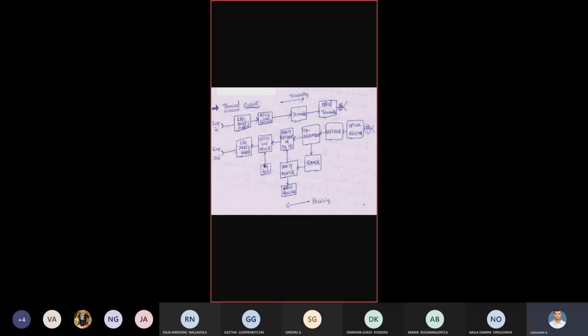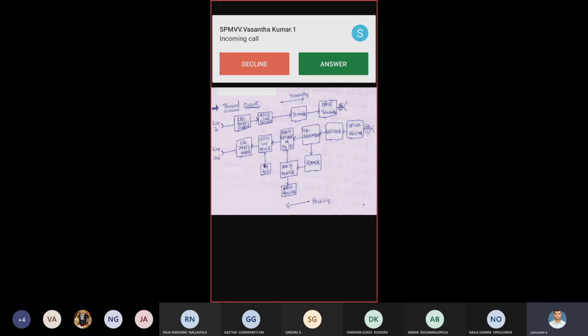Next one is LBO, line building out. What is line building out? The line building out is for cross connect purpose.